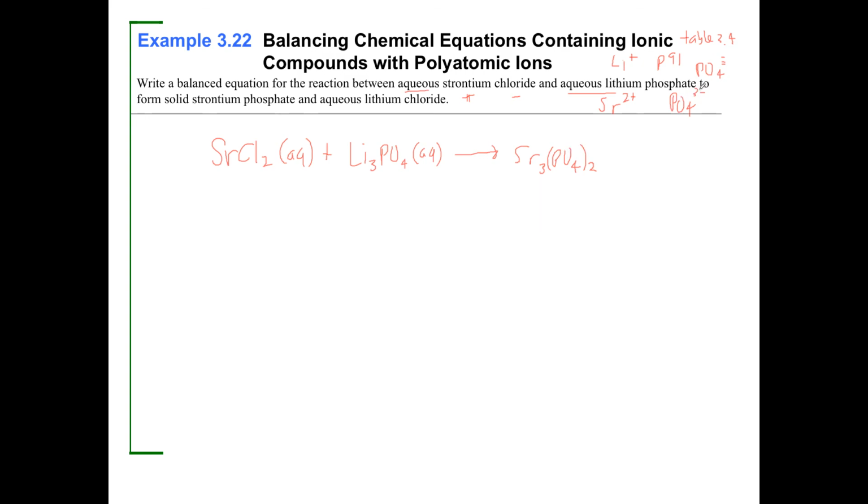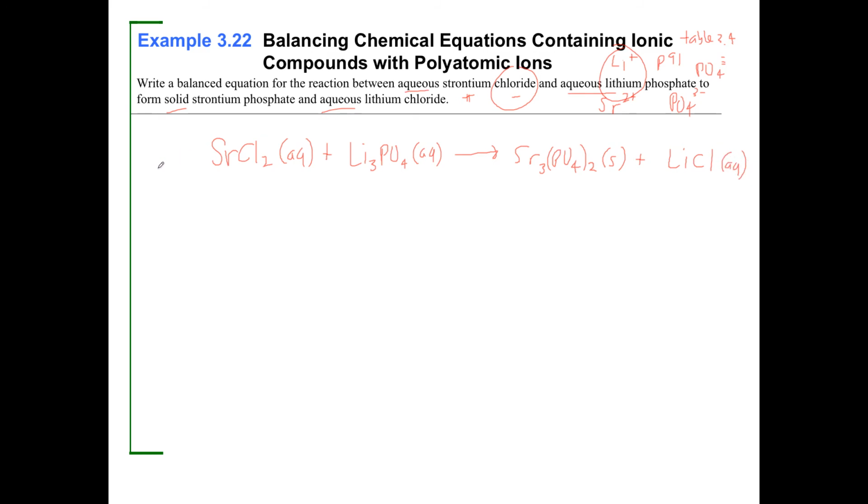And so the lowest common multiple of 3 and 2 is 6. So it's going to be 2 of those. And it said this was solid, plus aqueous lithium chloride. Okay, so lithium is plus 1 because it's in column 1. Chlorine's minus 1 because it's in column 7. We knew that, so lithium chloride. All right, and it says aqueous lithium chloride, so I'm good here.